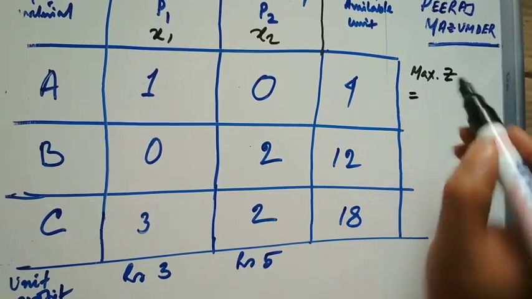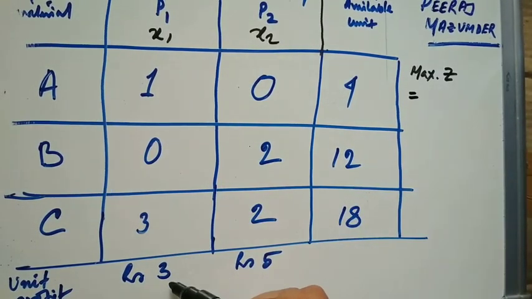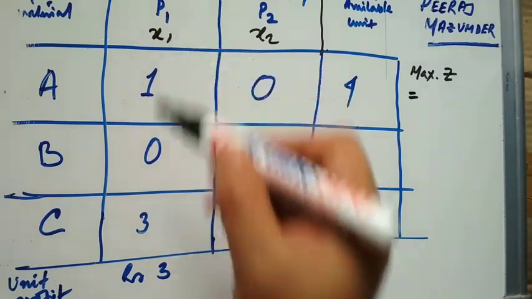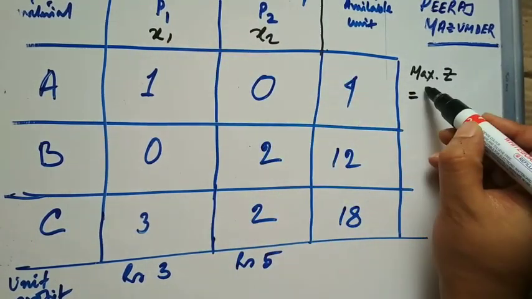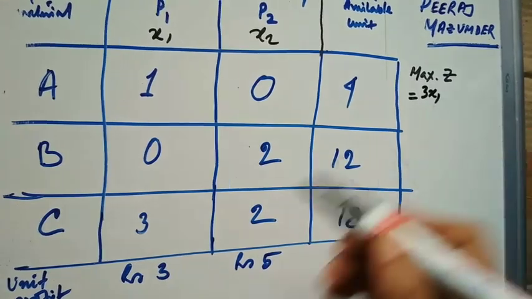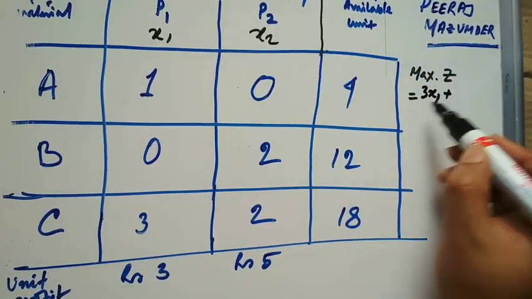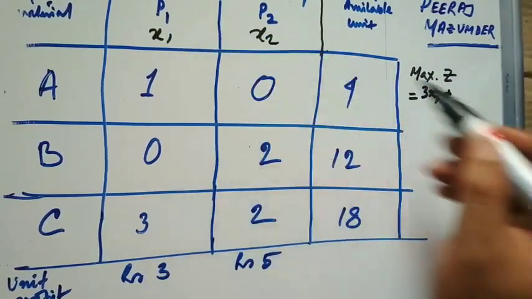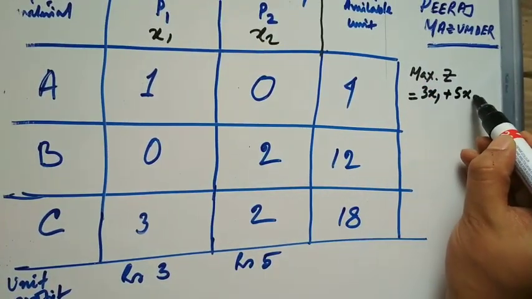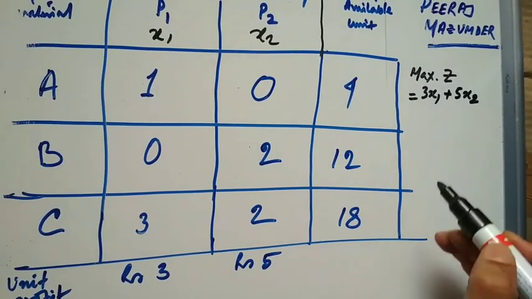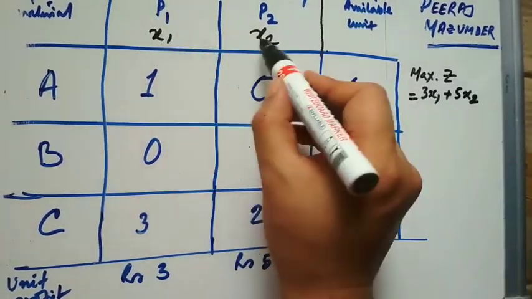equal to, look, for per unit we have 3 profit for product P1. So for X1 units we will have 3 into X1, and for X2 we will have 5 X2. So total profit will be the combination of these two products, that is 3x1 plus 5x2. Now these are the decision variables x1, x2.